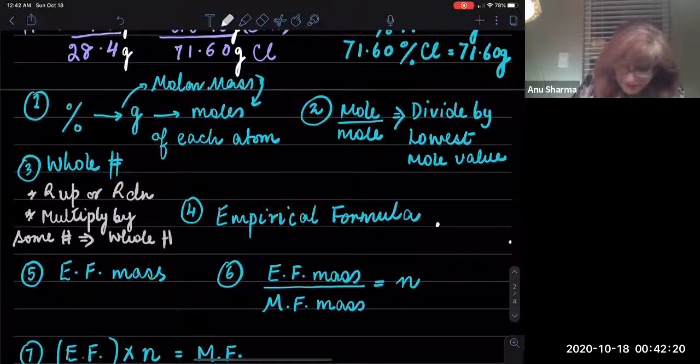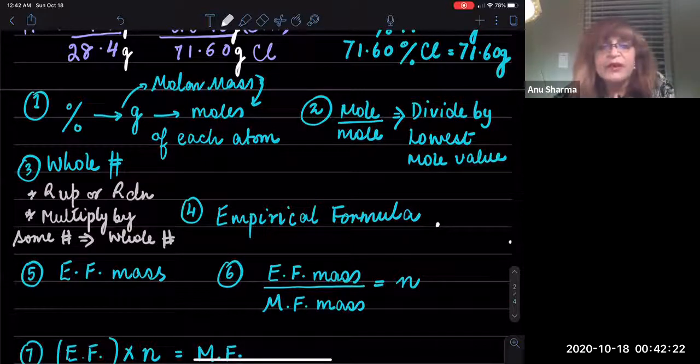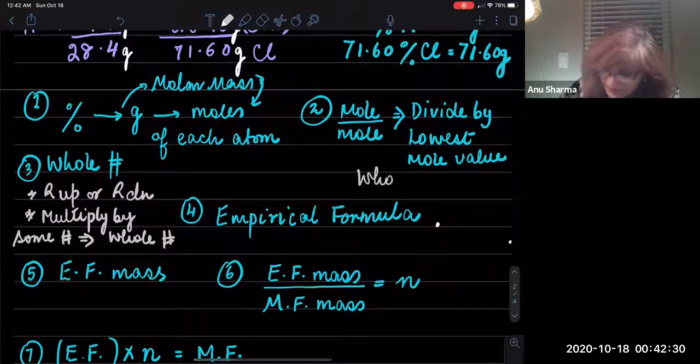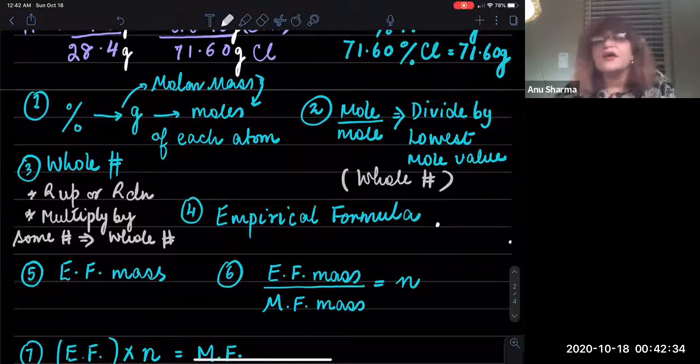That gives you the mole to mole ratio as whole numbers. You need those whole numbers for the mole to mole ratios. Then you plug them in with the particular atoms, and you get the empirical formula.